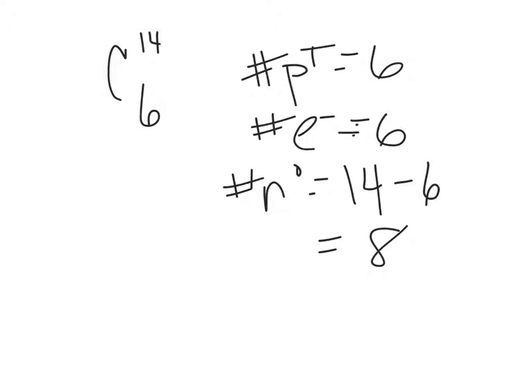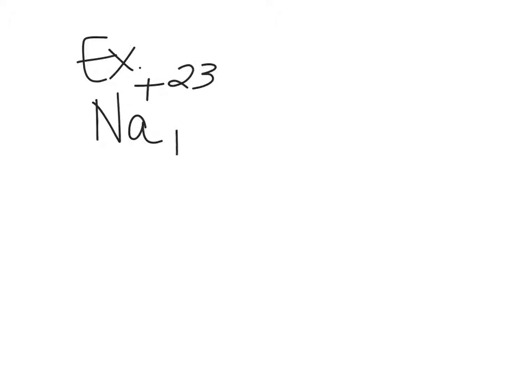Let's go ahead then and look at some chemical symbols for ions. So let's look at the chemical symbol for a sodium ion. So Na is the element symbol for sodium. And its chemical symbol will look like this. So now, looking at the number of protons, we see that the atomic number is 11. So the number of protons is equal to 11.